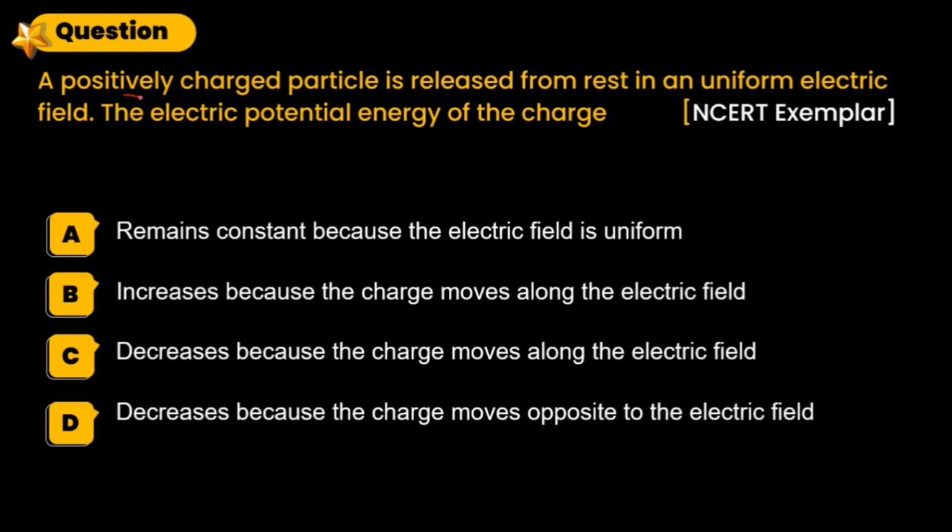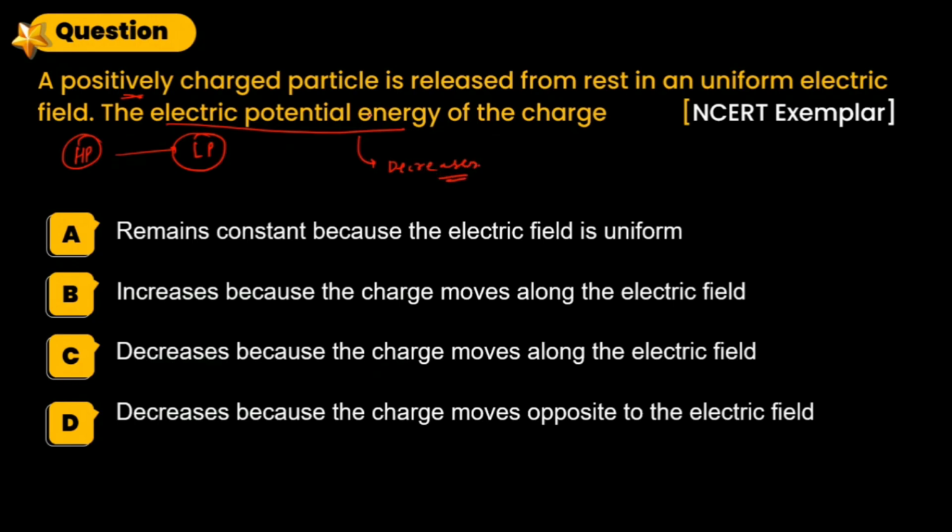If it is a positive charge, it must be going from higher potential to lower potential, right? So if the charged particle is moving from higher potential to lower potential, its potential energy decreases. This is what we have to understand.